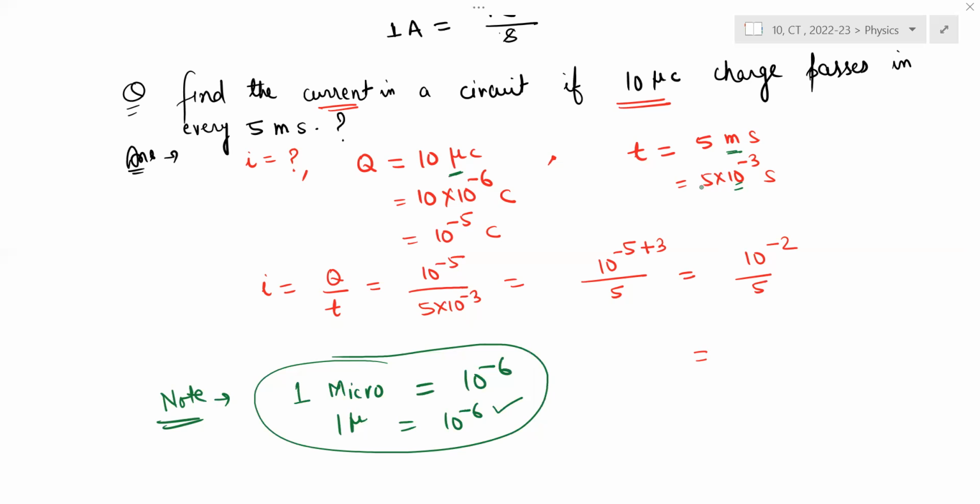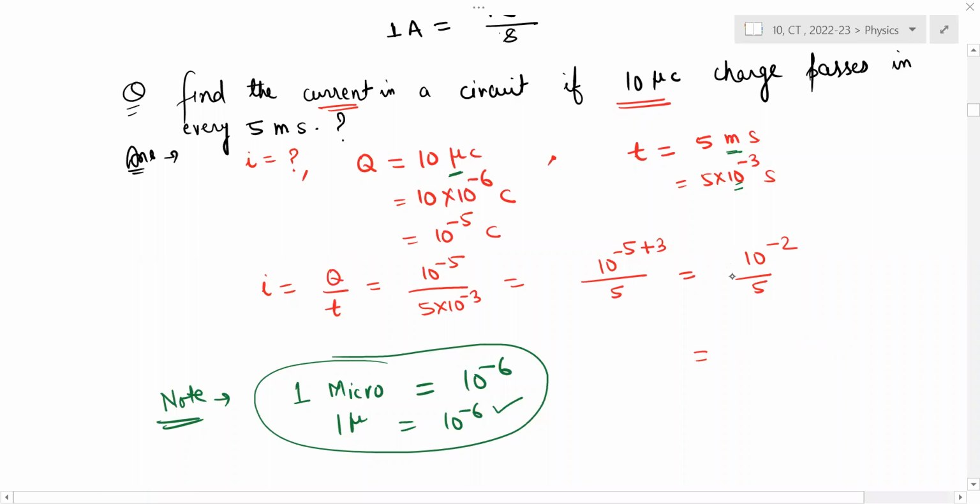Next. Here, how will it come? 10 raised to minus 2 by 5 equals 1 by 2 into 10 raised to minus 3. Have you all understood? Can you explain? Not understood? Okay, I will explain this also, how to get this.